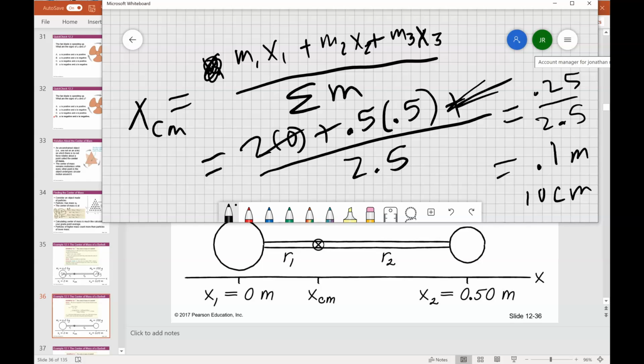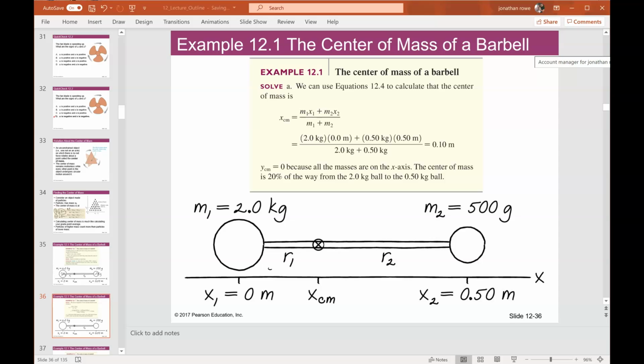So the center of mass is 10 centimeters or 0.1 meters away from what we called 0, which was the 2 kilogram mass. If this is a 50 centimeter long rod, it's a fifth of the way down the rod, or 20% down the rod, is what they say here.